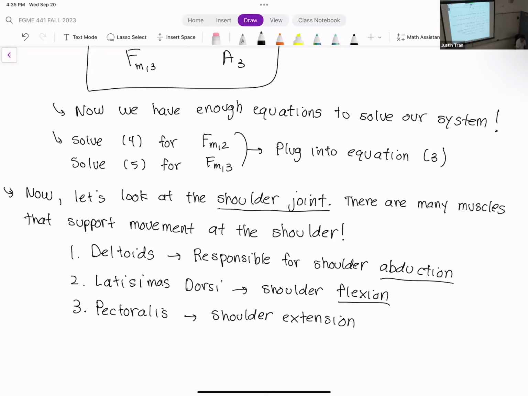Okay. But the example that we are going to do is we're going to focus on just one muscle. We're going to focus primarily on the deltoids.